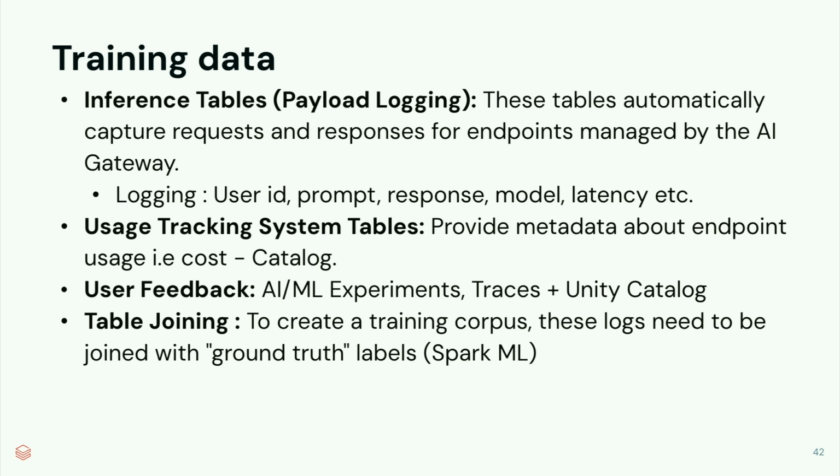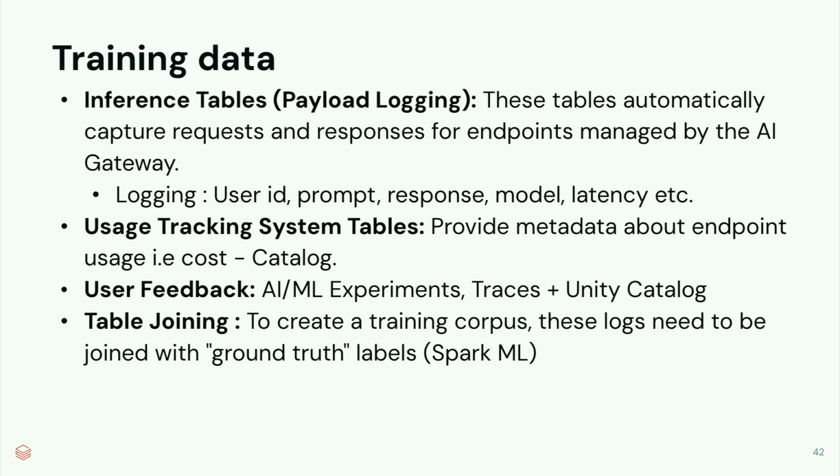And then all the usage-based metrics, or what is the cost of input and output, which is usually static, but it keeps on changing. So that catalog information would be present in the Unity catalog, and user feedback, positive and negative, is logged back into the Databricks system.